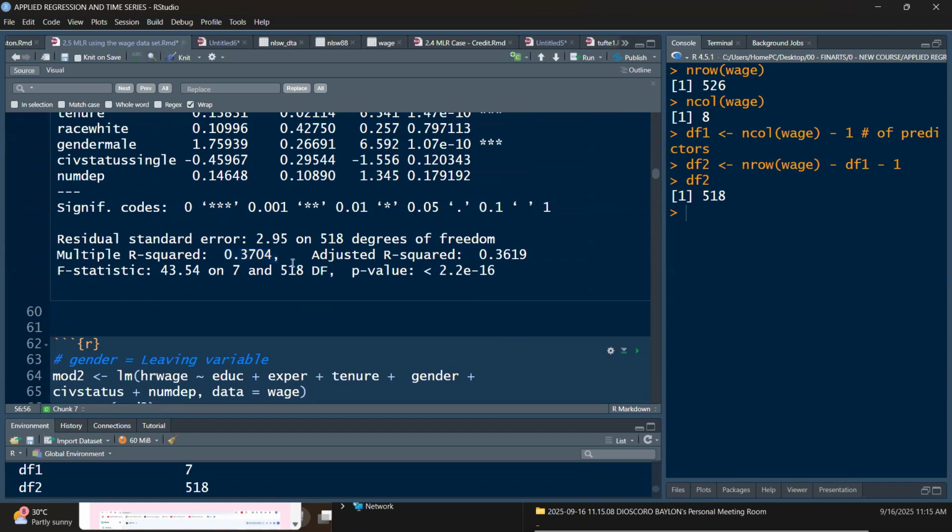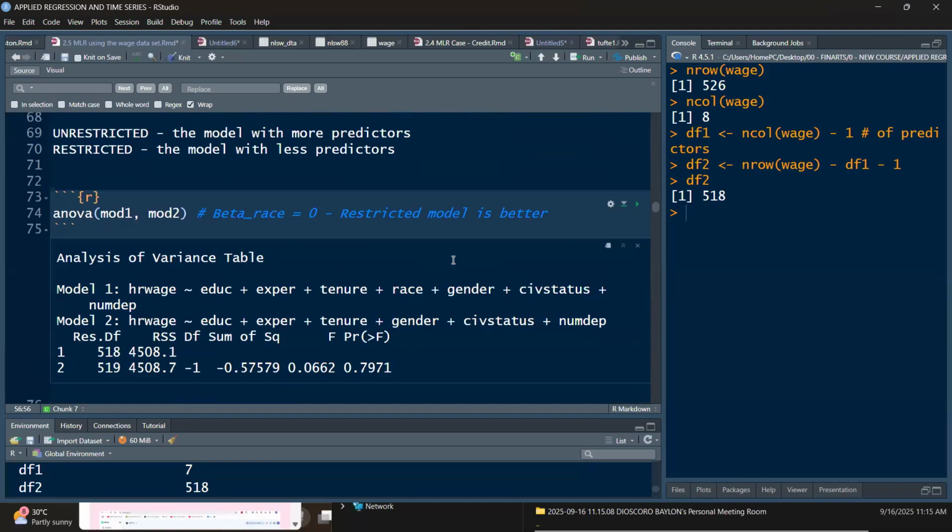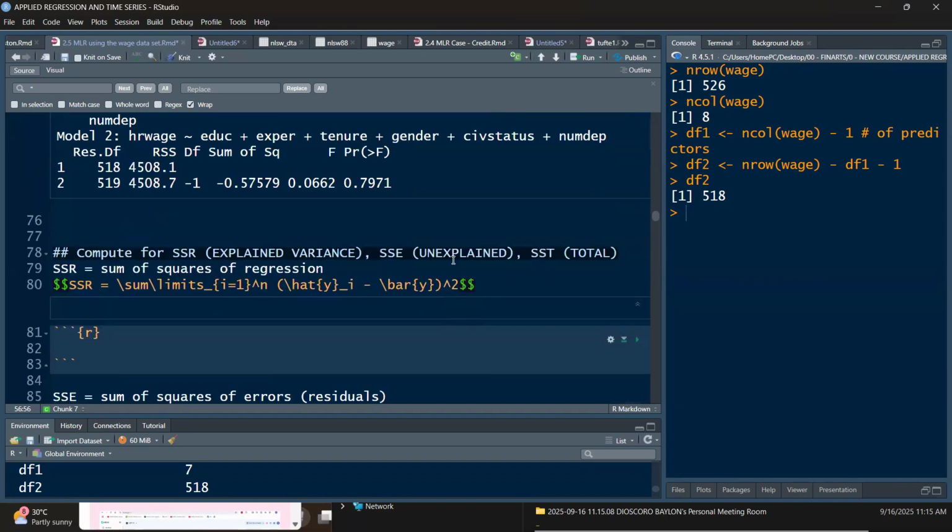Let's discuss, class, the multiple r squared and the adjusted r squared. There's a difference between the two. When you have multiple linear regression, what is preferred is the adjusted r squared. But let's compute first the multiple r squared. How do we compute the multiple r squared?